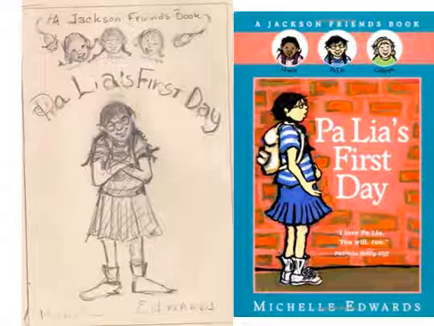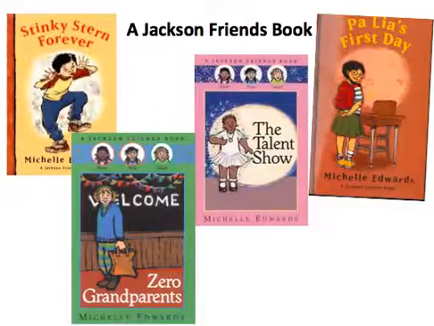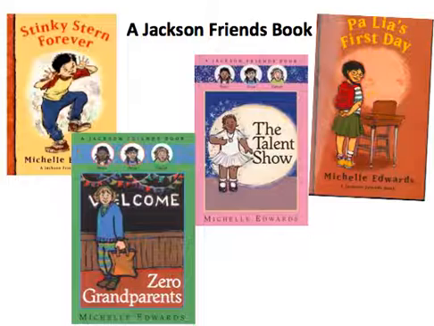Then we have Pa Leah's First Day. And this is two different covers for the book. So on each of them, we see that there's three little faces on the top. And there's Pa Leah, who looks of Asian descent, down below. This book is actually part of a series, a Jackson Friends book series.